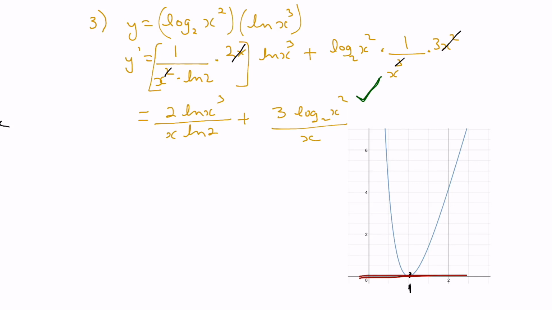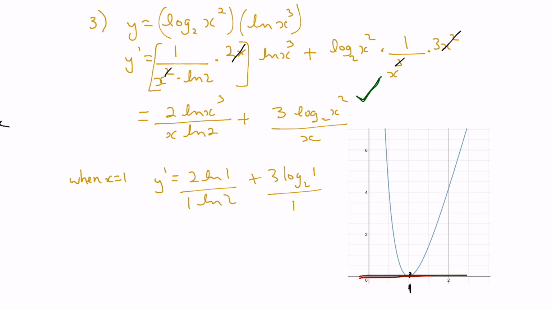To do that, we'd substitute the point 1 into the derivative, or this function right here. So when x is equal to 1, y prime would be 2 times ln 1 cubed over 1 times ln 2, plus 3 log base 2 of 1 over 1.